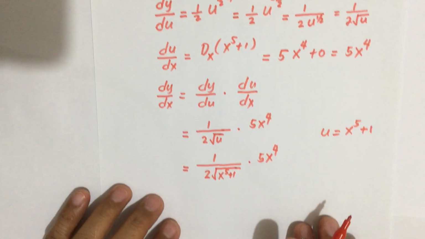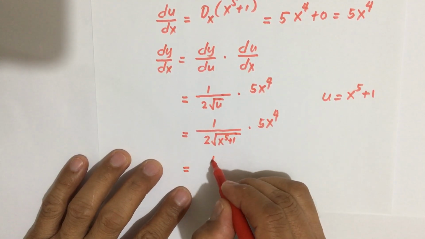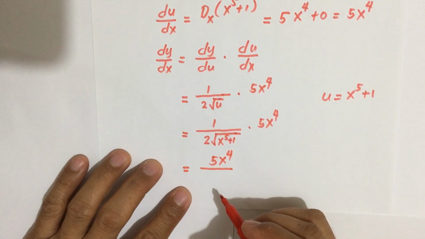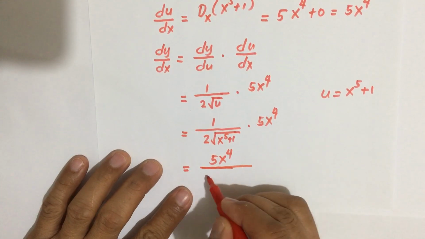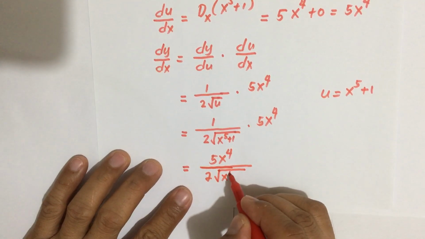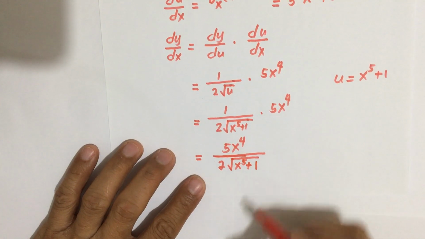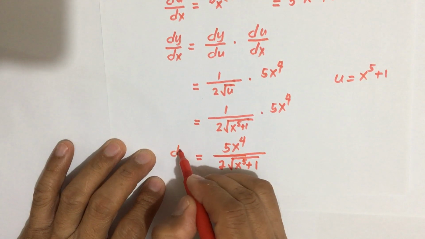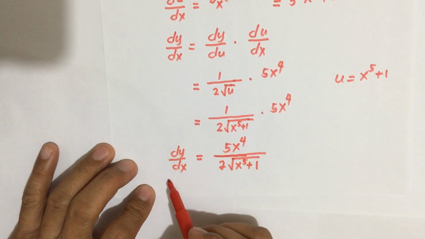So finally we have 1 times 5x to the 4th power, so 5x to the 4th power divided by 2 times the square root of x to the 5th power plus 1. Okay, so that's our final answer. This is our derivative of y with respect to x, or that is our answer.